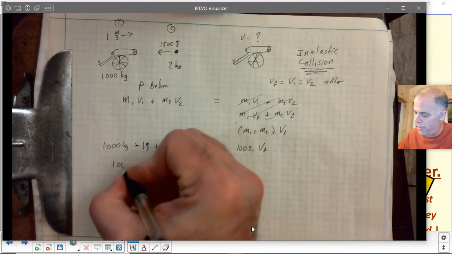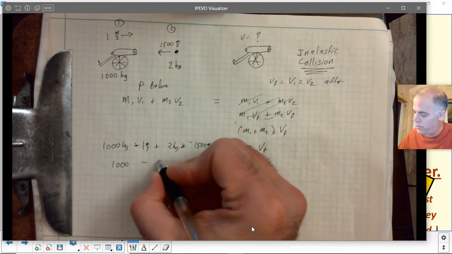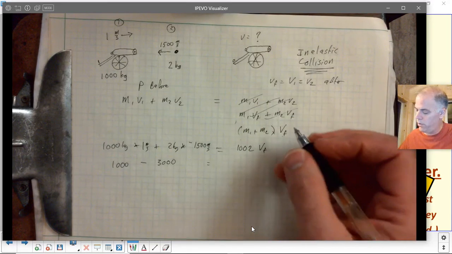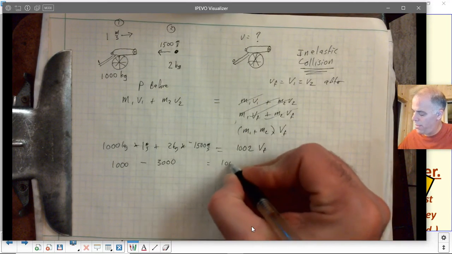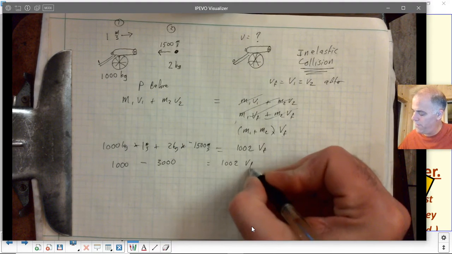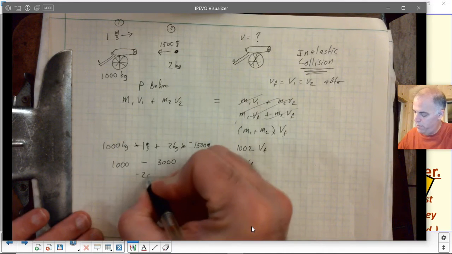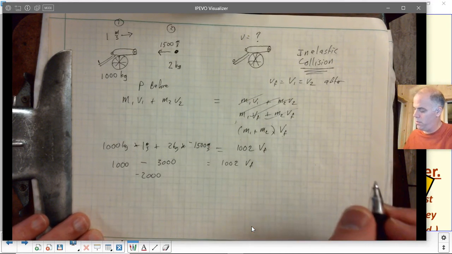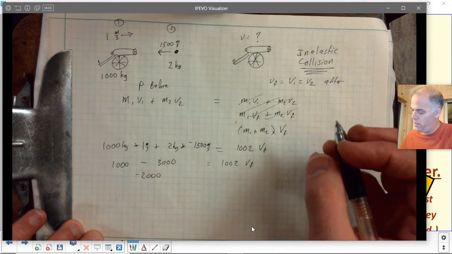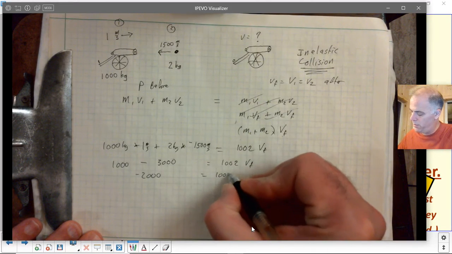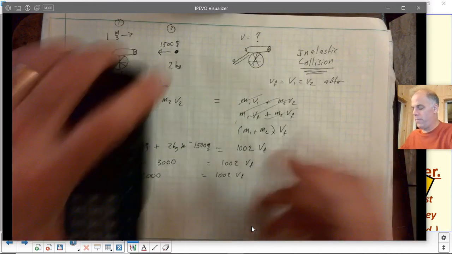We get 1,000 minus 3,000, which is negative 2,000, equal to 1,002 vf.